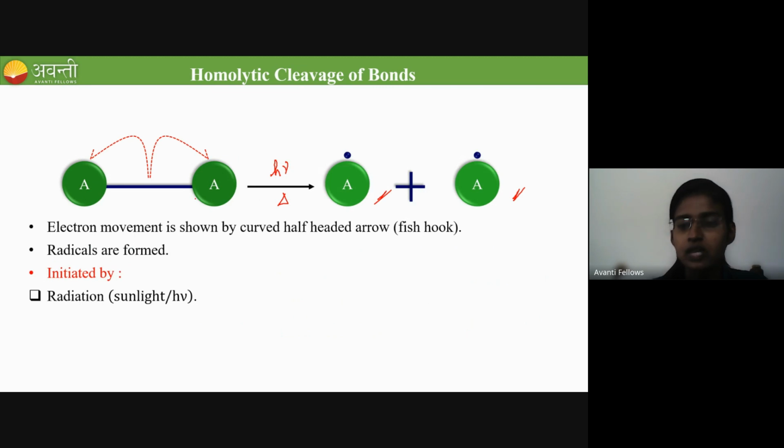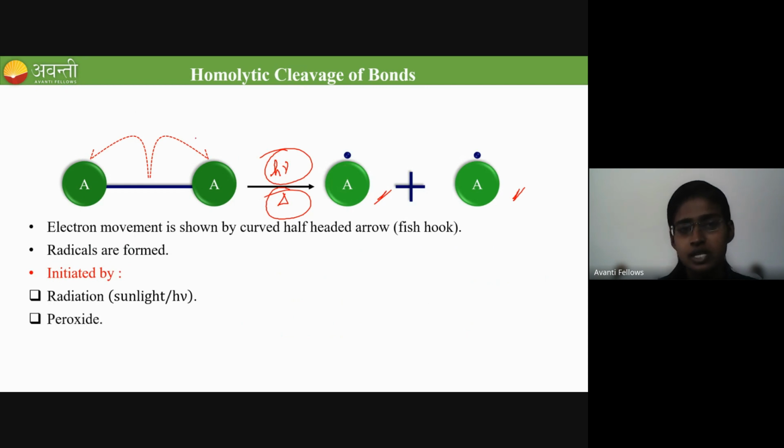Also, the electronegativity difference is zero. Okay, in that case also they lead to the formation of free radical, and in case of light energy and heat energy, they form this radical. Okay, and also peroxide.